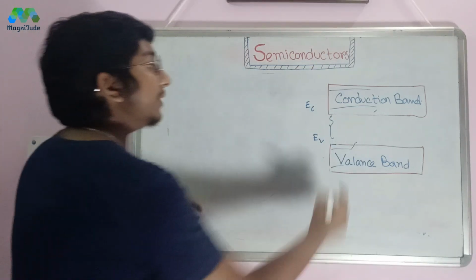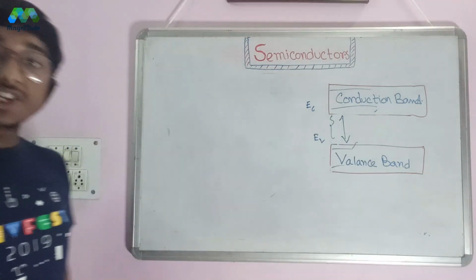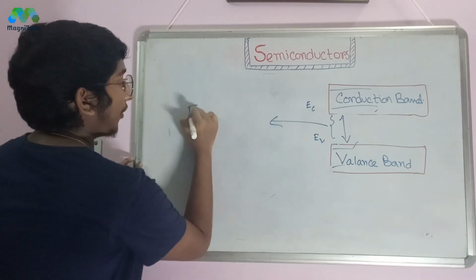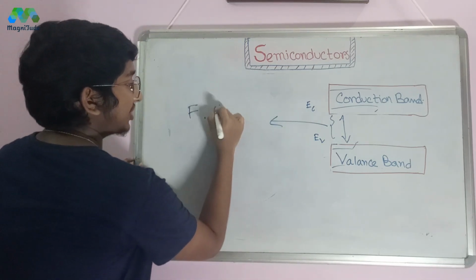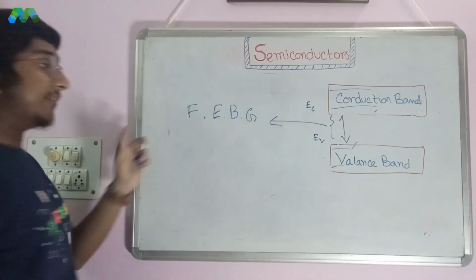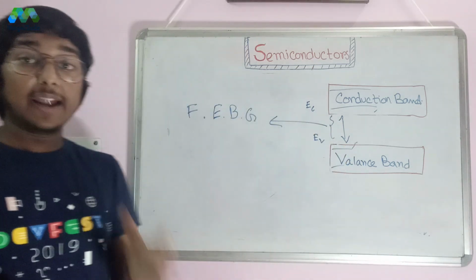The gap between the valence band and the conduction band is known as the forbidden energy band gap.